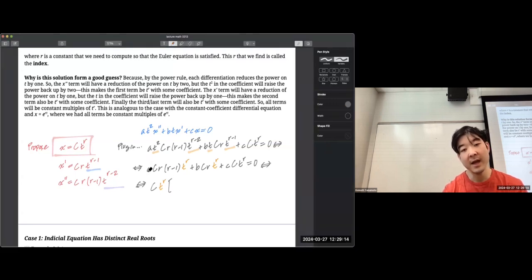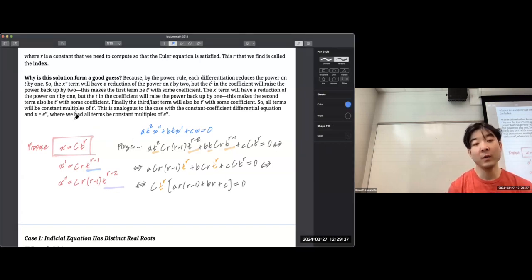You're left with a times r, times r minus 1, plus b r plus, I pulled out a big C, but there's little c still there, is equal to 0. And last time we said this as well, we want to have that capital C is not equal to 0 for nontrivial solutions.